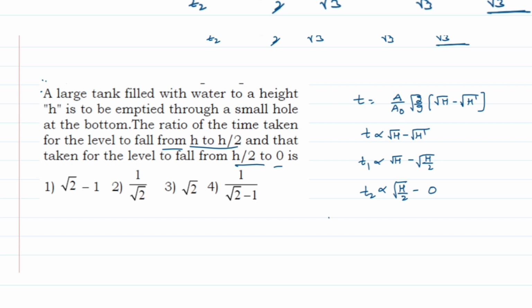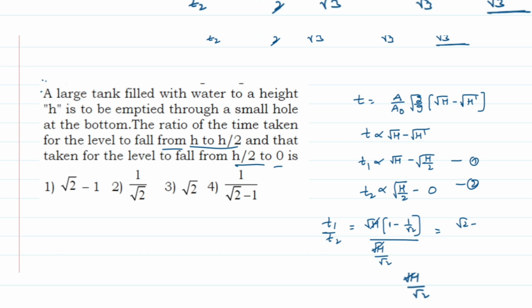Now you can take the ratio, students. T1 by T2 will be equal to, taking root H common, 1 minus 1 by root 2. This is the first equation. For the second equation, taking root over H by root 2, root H gets cancelled.